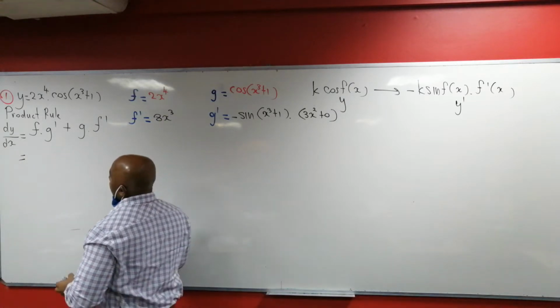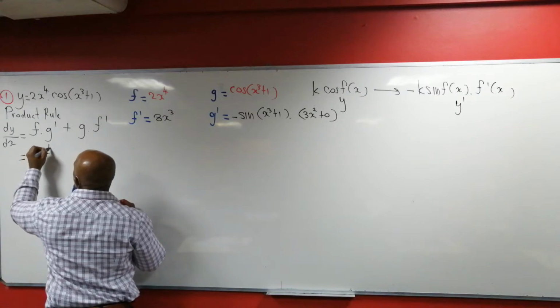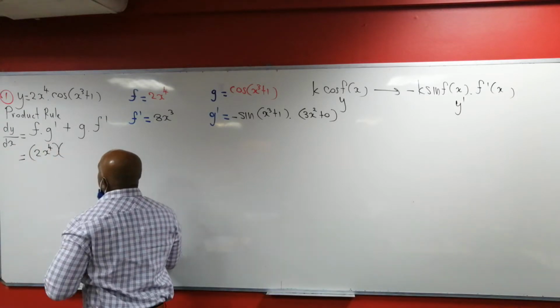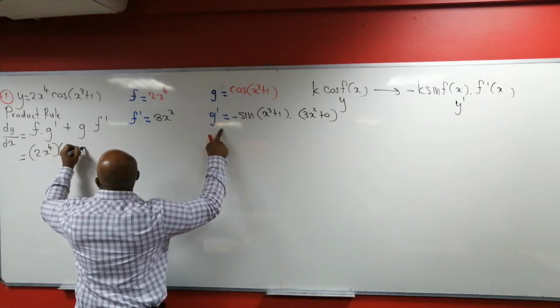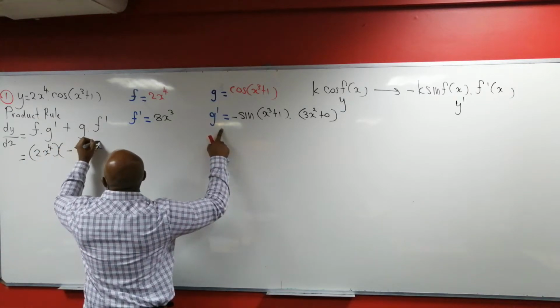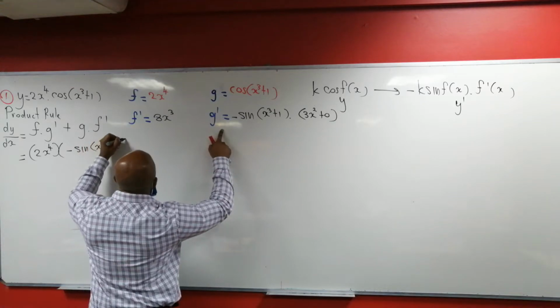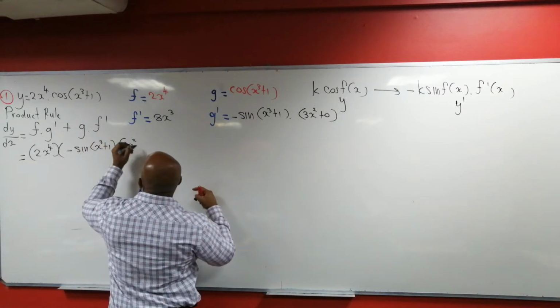So f is 2x to the power 4. G prime, we just found g prime here now, which was minus sine of x cubed plus 1 times your 3x squared.